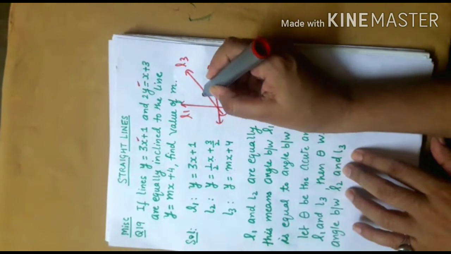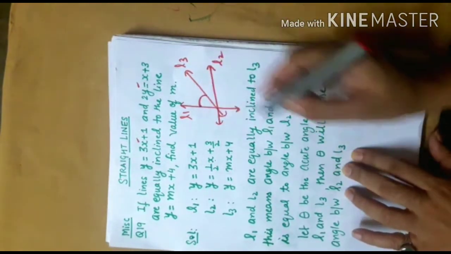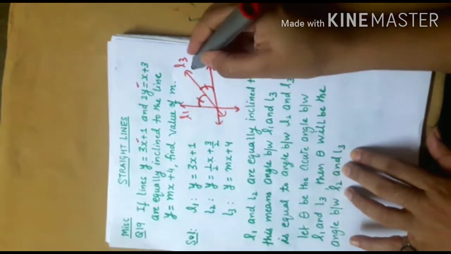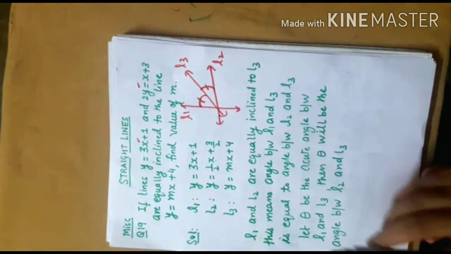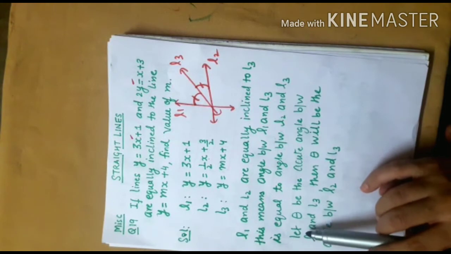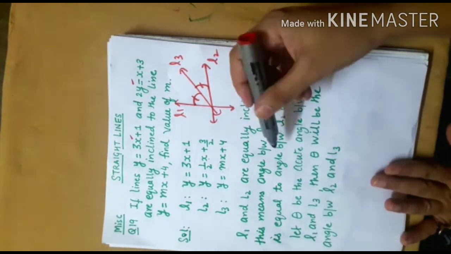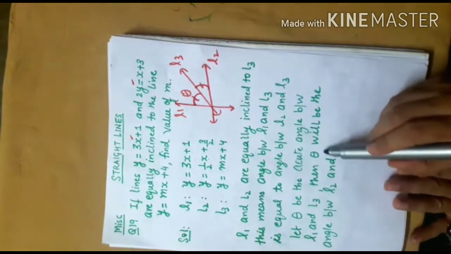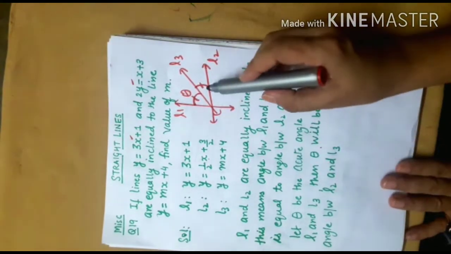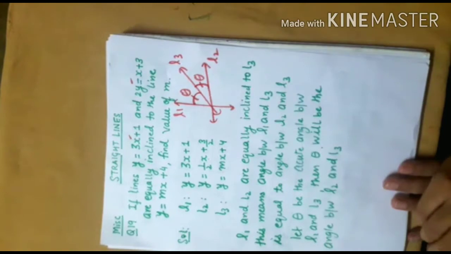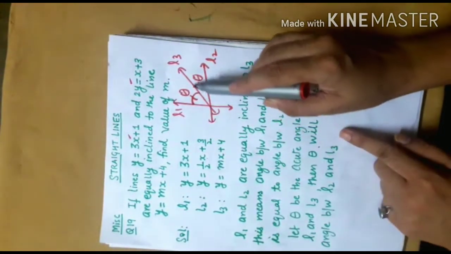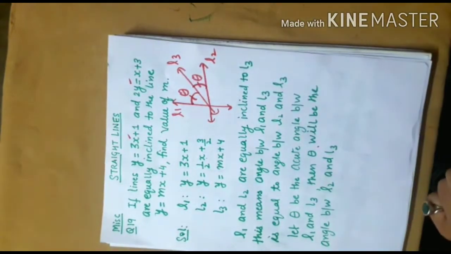That means the angle between L1 and L3 is the same as the angle between L2 and L3. So let theta be the acute angle between L1 and L3. Then theta will be the angle between L2 and L3 also, because L2 and L1 are equally inclined to this line.